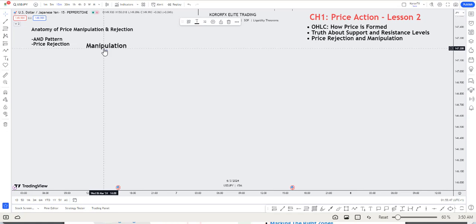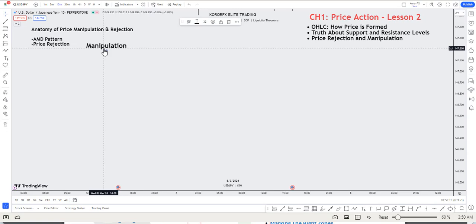When it comes to manipulation, they use an algorithm. They use machines to manipulate the price, and that machine also uses an algorithm.